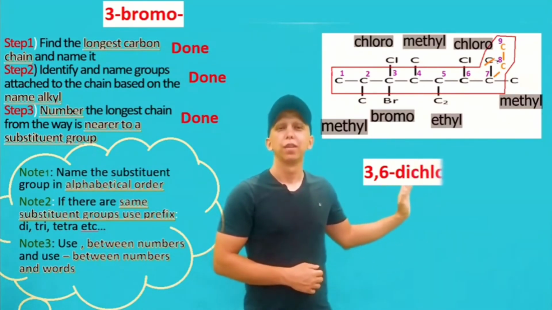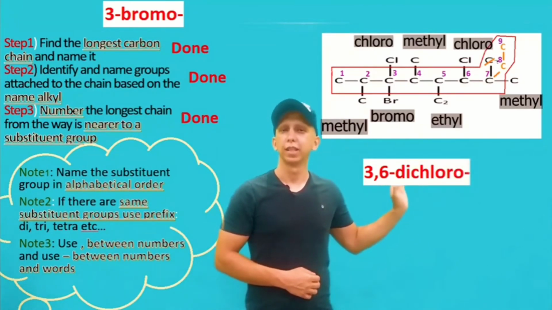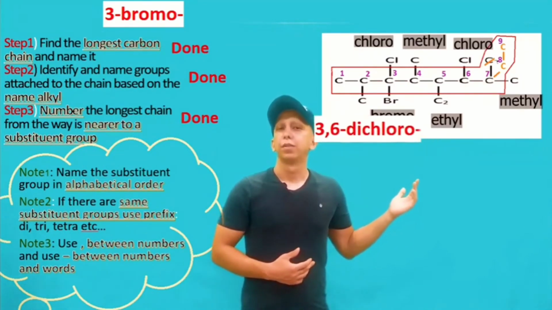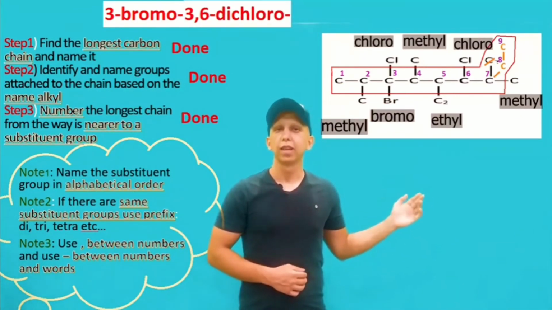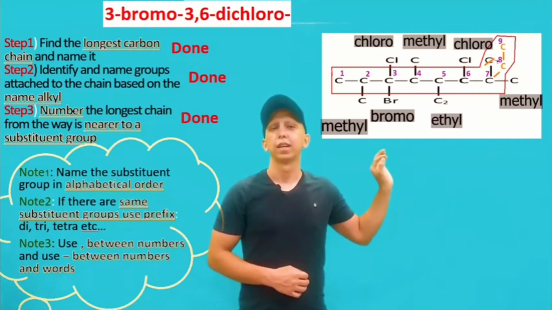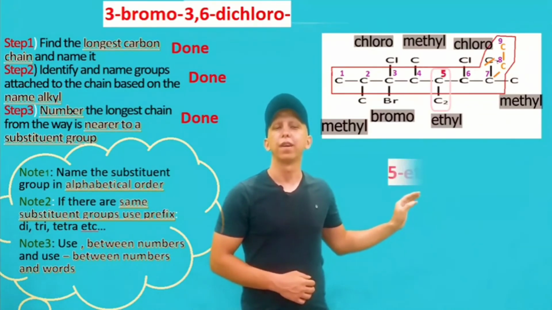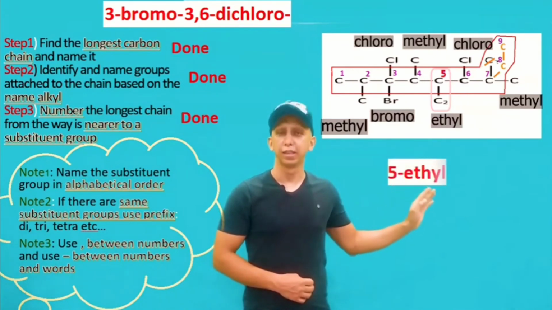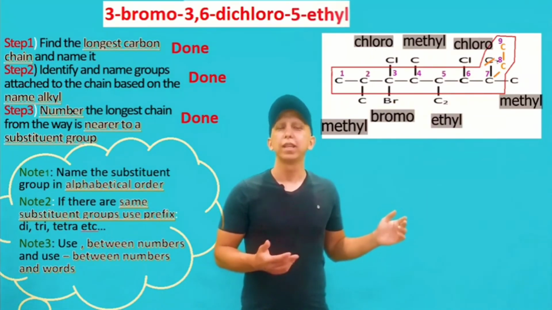So we will write dichloro, again dash, and after chloro we have to write ethyl. That's the ethyl attached to carbon number 5. We will write 5 dash ethyl, and at the end we have to write methyl.